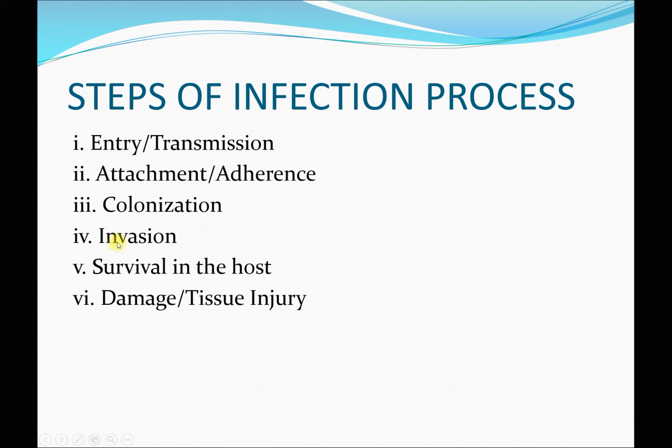Next, fourth step is the step of invasion, in which there can be penetration of the pathogen in the deeper tissues. The pathogen survives in the host body provided it is not eliminated or acted upon by the host defense. Finally, there is injury or damage to the body of the host. So all these steps occur in sequence.